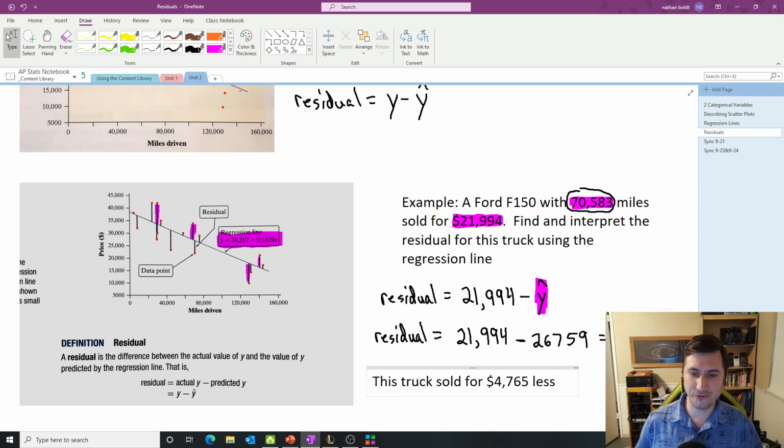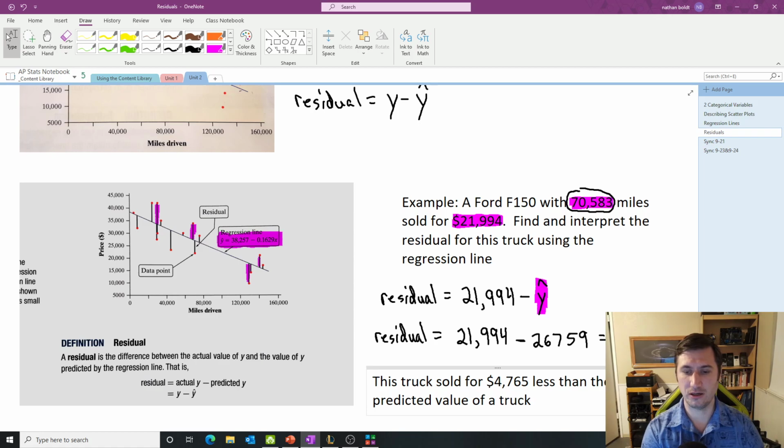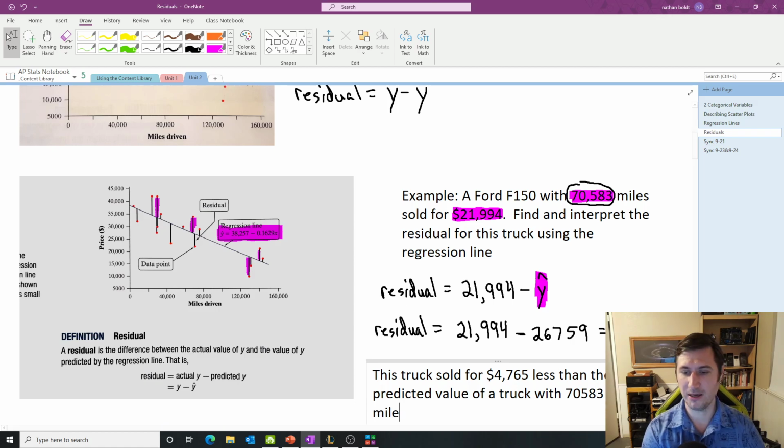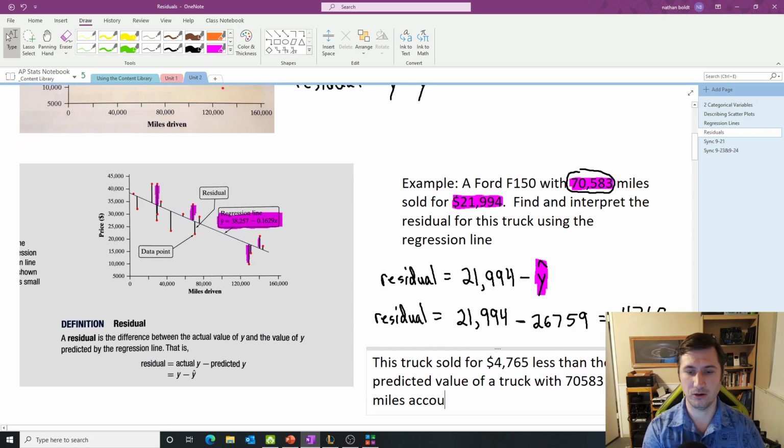So it sold for $4,765 less than the predicted value of a truck with 70,583 miles, according to our regression line.